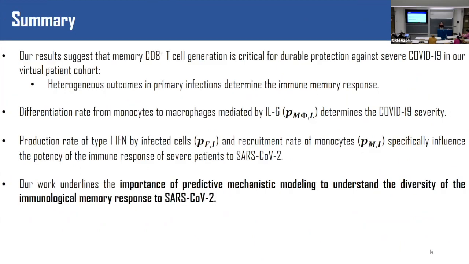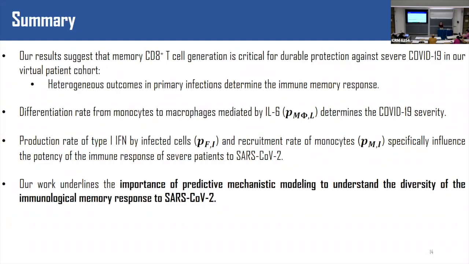So overall, our study indicates that with CD8 immunological memory, patients can have a stronger and more rapid immune response in reinfection, but it can cause a lot of heterogeneity in immune response.